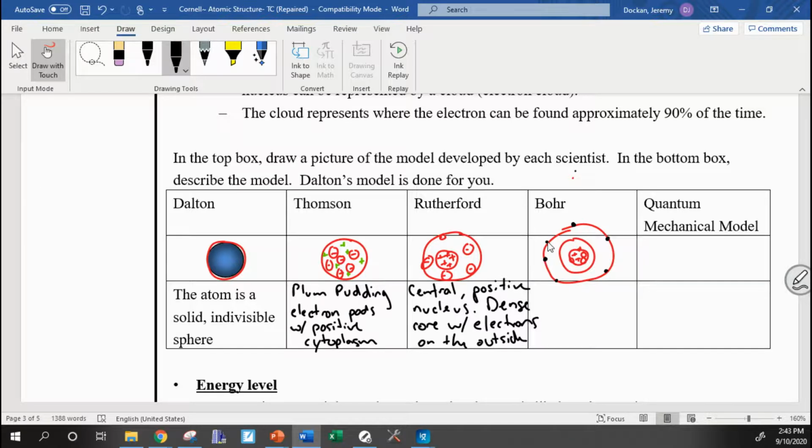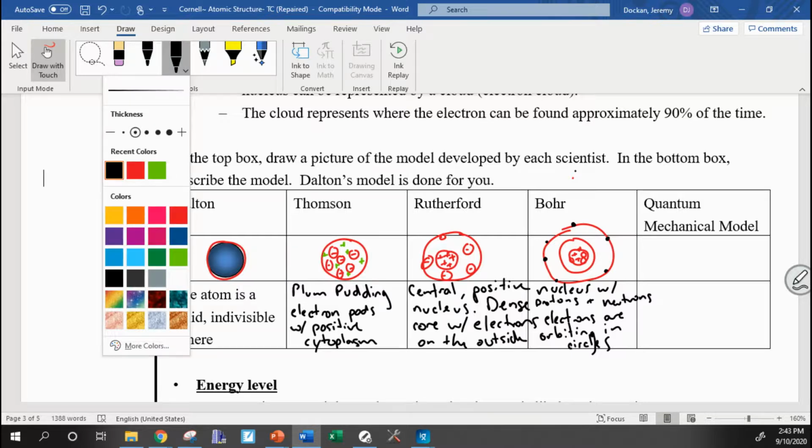So what are we going to say here? We're going to say that we have a nucleus with protons and neutrons. Electrons are orbiting in circles.